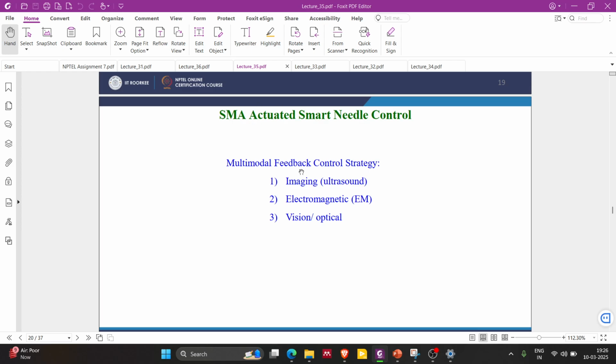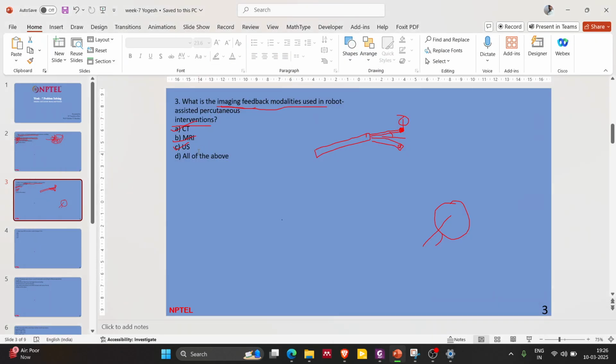So for his research, Professor Felix has used these three methods: the vision based method, the electromagnetic method, and the imaging based method. But in the question, it is written CT scan, MRI scan, and ultrasound, all of them. Which are the image modalities used in robot assisted procedures? But if they ask what they used in their research, then your answer will be different.